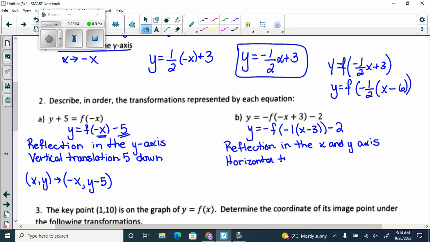Horizontal translation. These boards were not made for math people. 3 units, right? And a vertical translation.